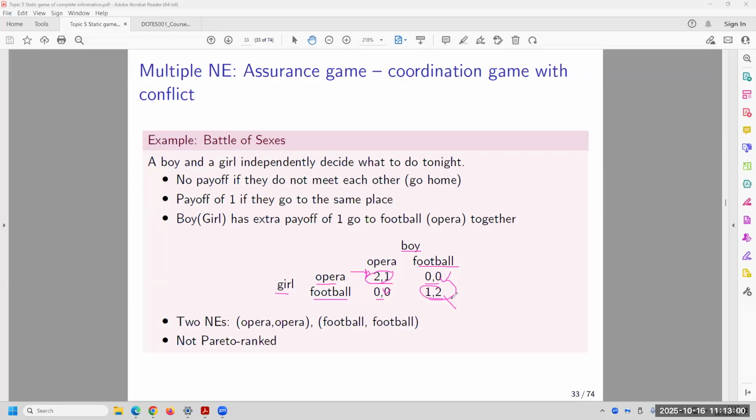And if you're thinking about a client and auditor relation, then probably you would think if the client is big, then the client's better outcome would be realized rather than the auditor's. If the auditor is facing a small customer, then the customer will lose, right? So that is something that you can tell which to pick. But you would think the outcome is either they both go to opera or they both go to football, rather than going home. Going home is not something you would predict.